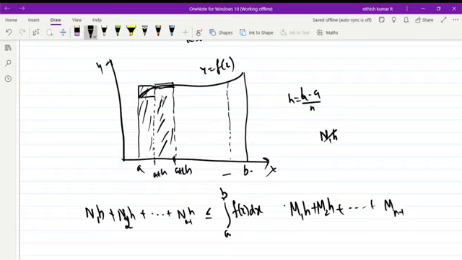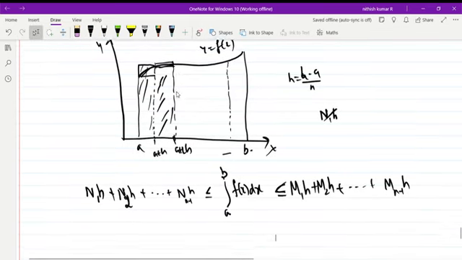You will get rectangles not only below, but including the curve and some more extra space. So it will always be greater than or equal to the actual area under the curve.